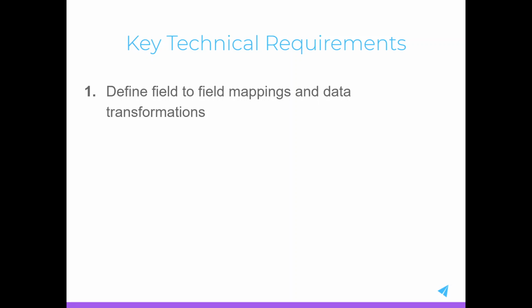The legacy system may store gender as a code value of M or F, while Salesforce accepts the full words of male and female. Data extracted from the legacy system would need to be transformed to match the available Salesforce values. For objects where record types are defined, define which Salesforce record type should be assigned to the dataset.